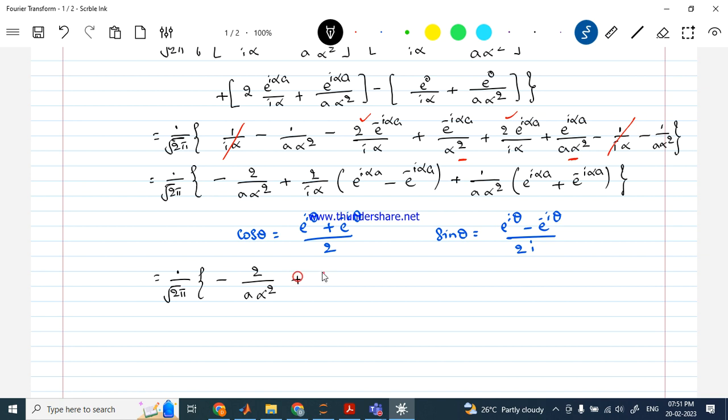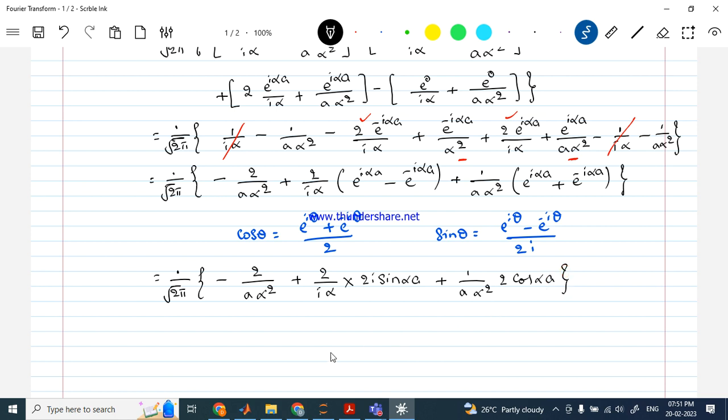So it is plus 2 by i alpha multiplied by 2i sin alpha a, and in this expression it's 1 by a alpha square into e power i theta plus e power minus i theta, which is 2 times cos alpha a.